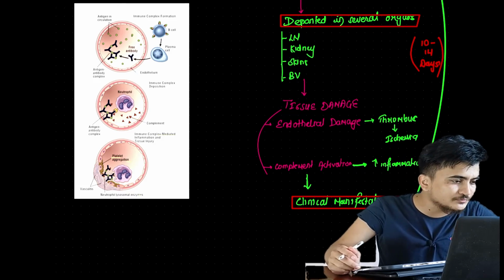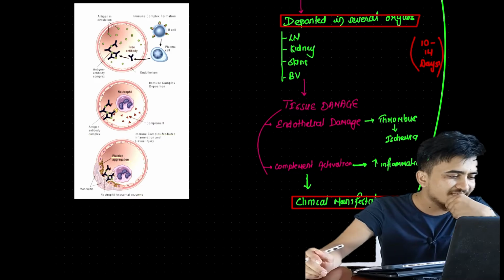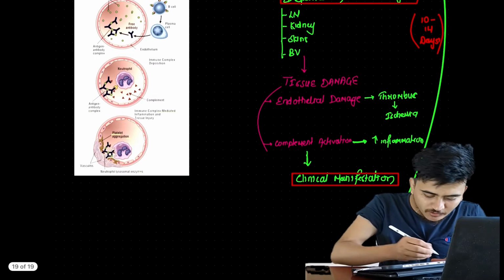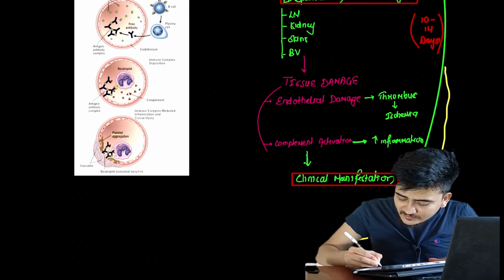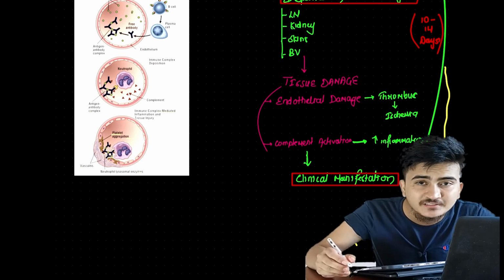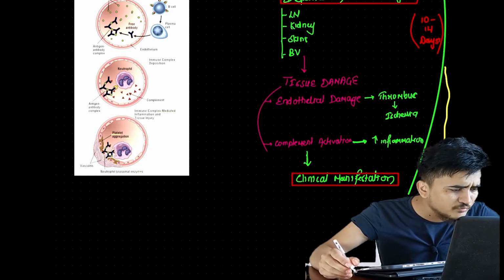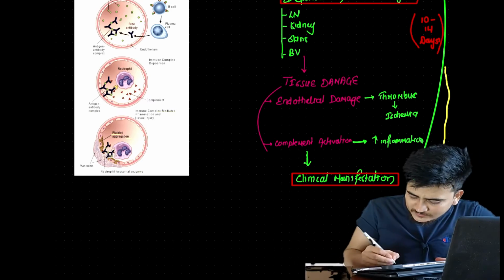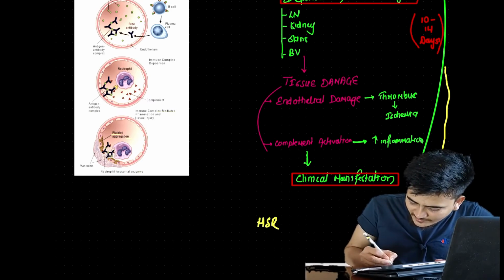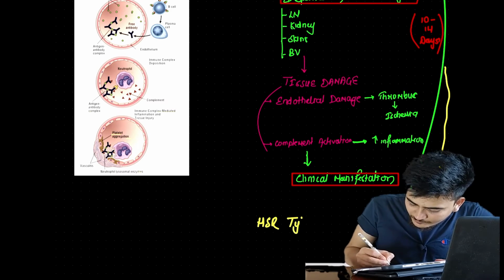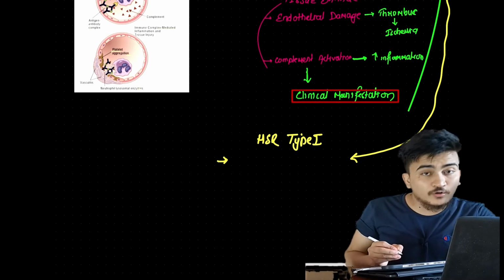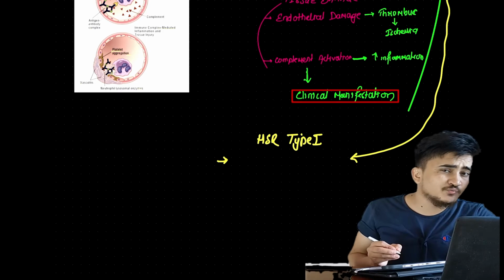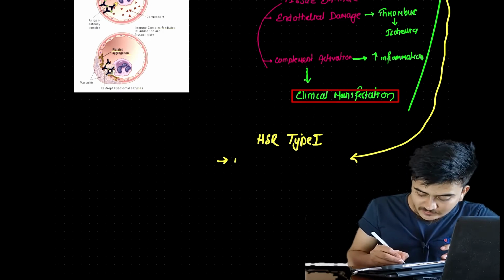Now as we have brought up type 1, let us see the difference between type 1 and type 3 hypersensitivity reaction. In type 1 hypersensitivity reaction, there was immediate onset of clinical manifestation. It wasn't taking 10 to 14 days. Immediate, there was what?